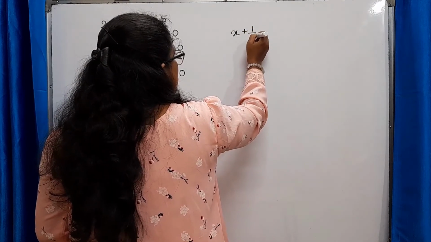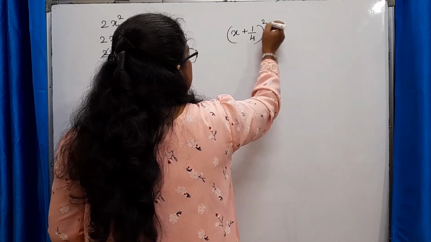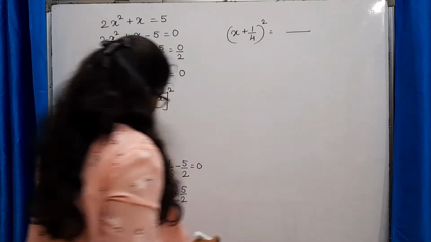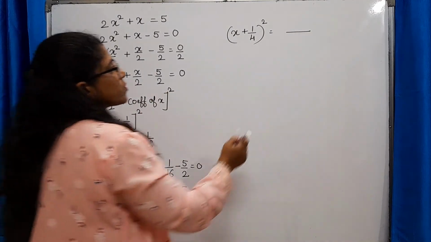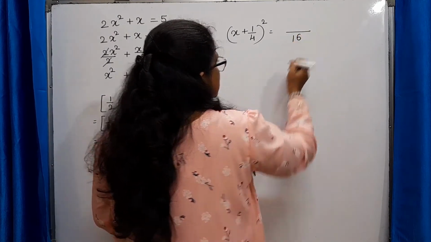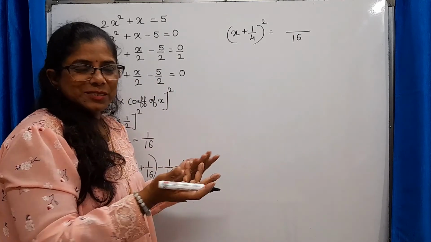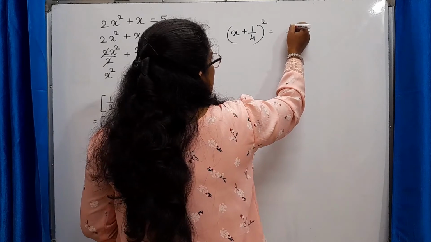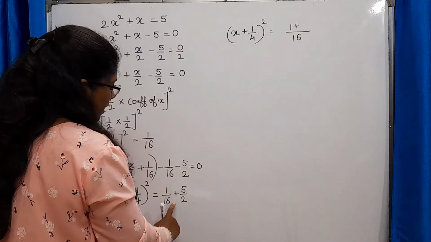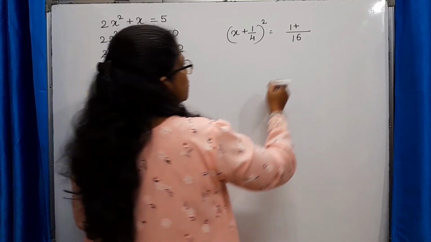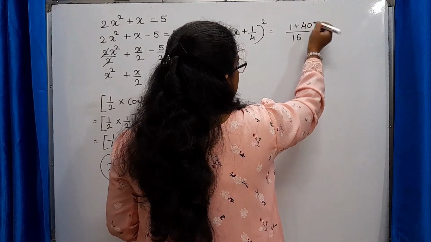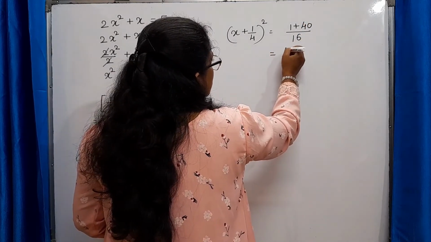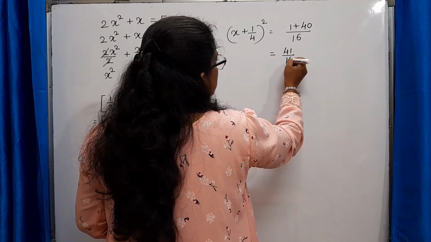In this case the LCM of 16 and 2 is 16. Simple fraction addition rules we have to use here and solve. 1 plus 2 8s are 16. So 8 into 5 is 40. So here we get 41 upon 16.